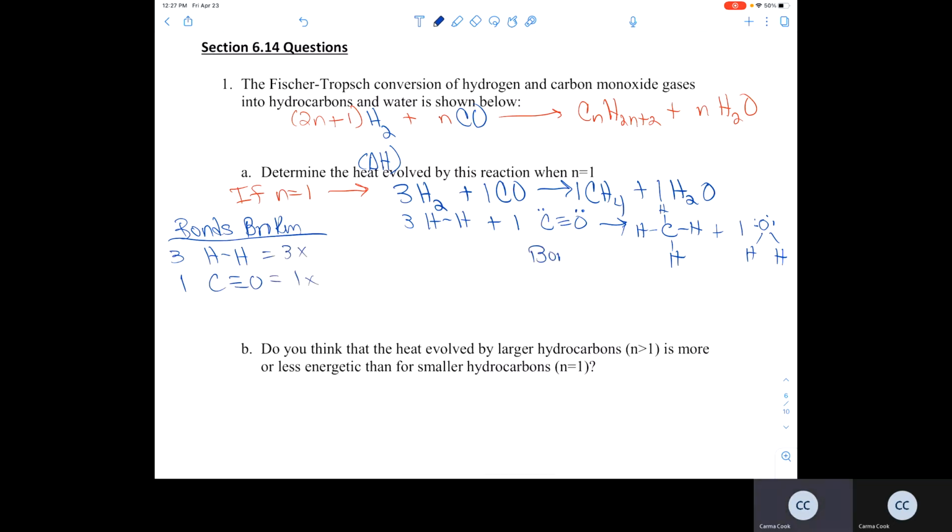The bonds formed, CH4 and water, are going to be 4 C-H bonds and also 2 O-H single bonds.